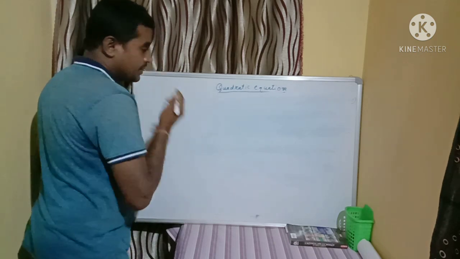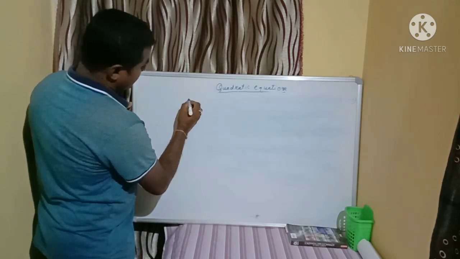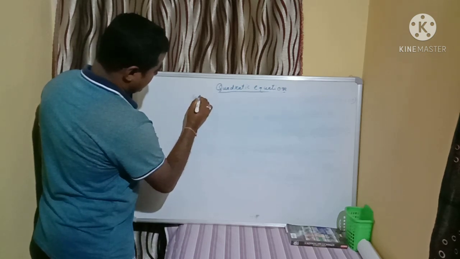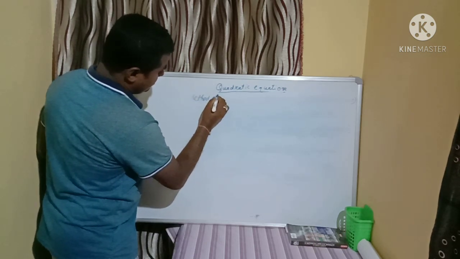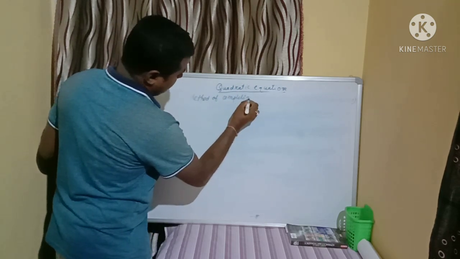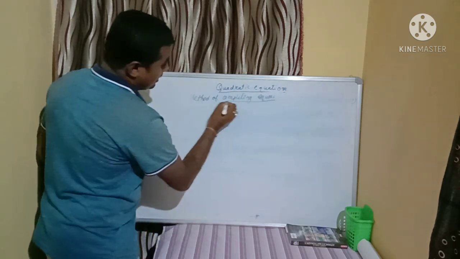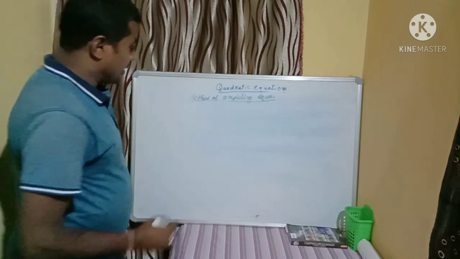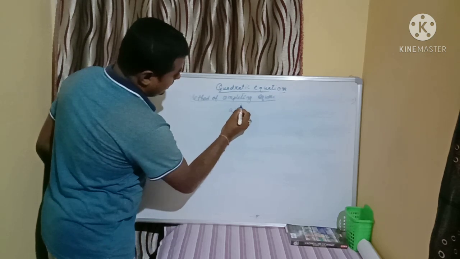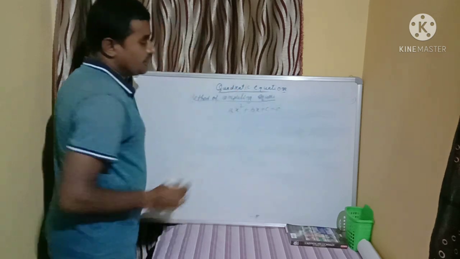Method of completing square. Okay, so first you write the standard form of a quadratic equation, ax square plus bx plus c equal to 0.